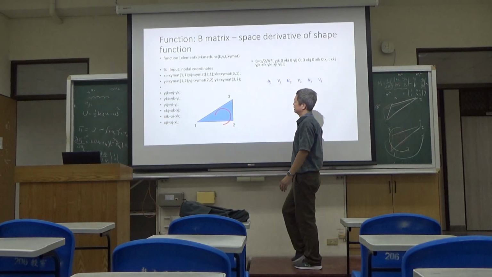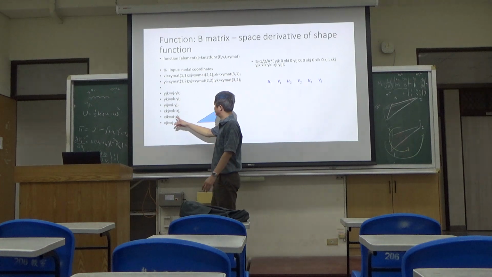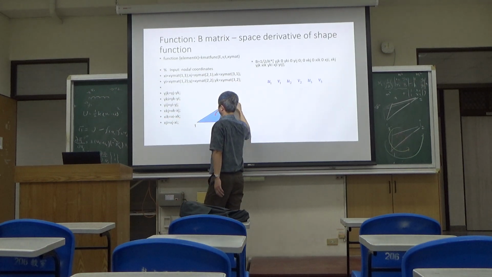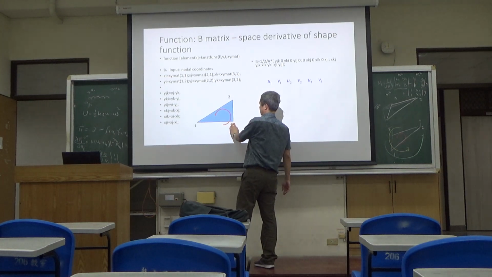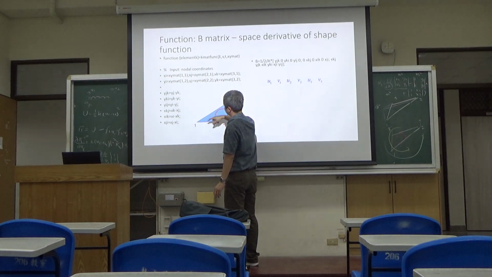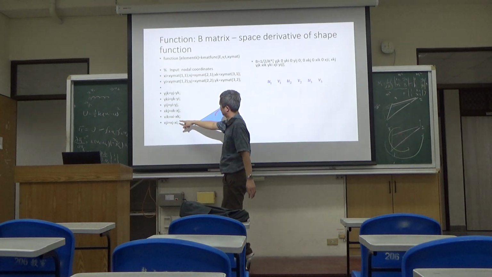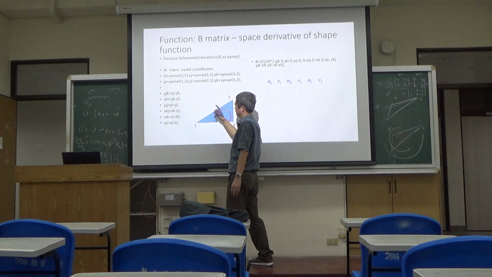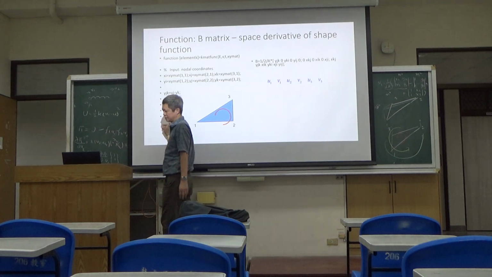Likewise, we can do the same for x. For node 1 it is minus xJK, because it is negative. And then for node 2, it is minus xKI. And then for node 3, it is minus xIJ.